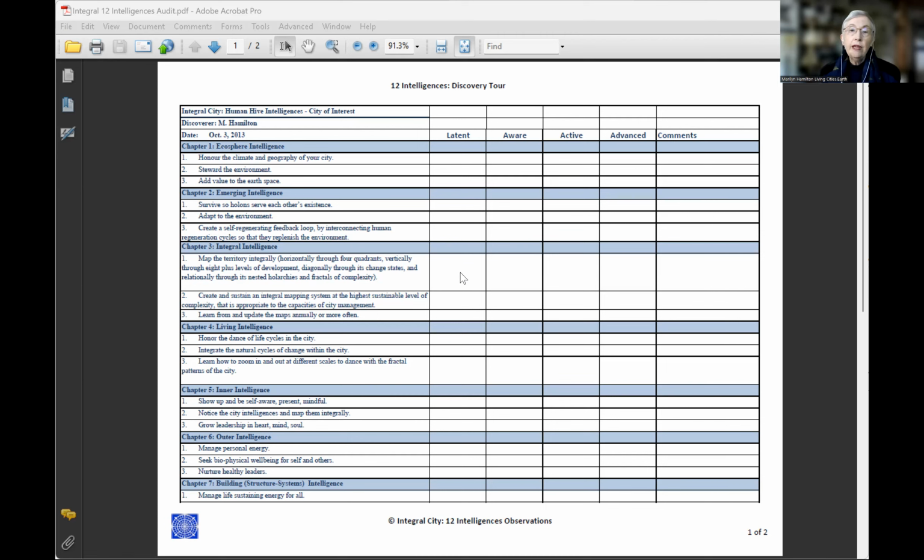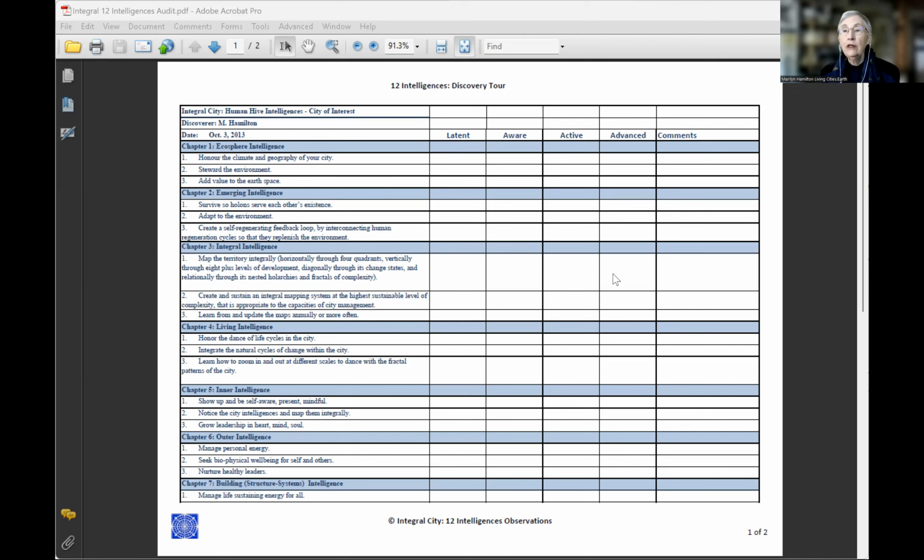So again, if you think about how you would score this, are people even aware that you can map the city in both the qualitative and quantitative way, both the individual and collective way that integral intelligences allow you to do? Is there anybody actively doing that? Or are some cities now in an actual advanced state where they're doing this kind of mapping?